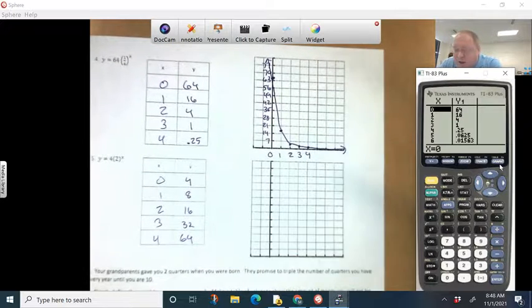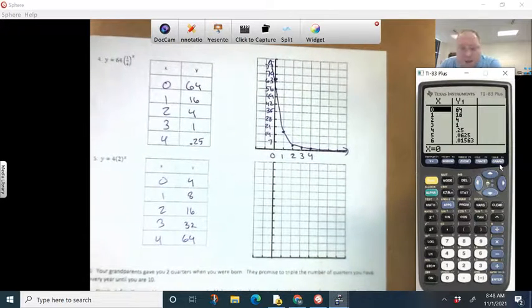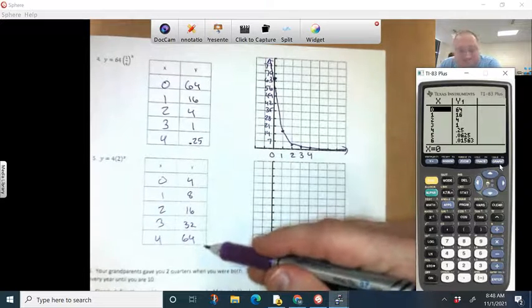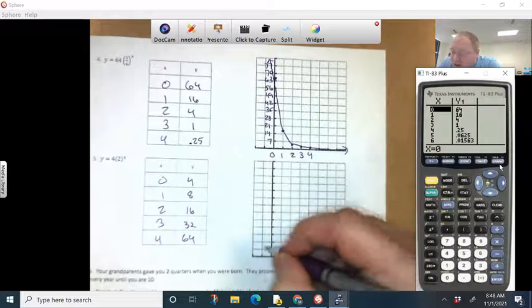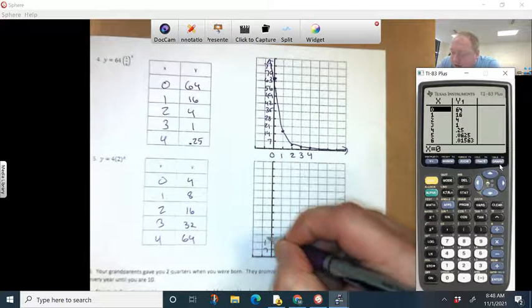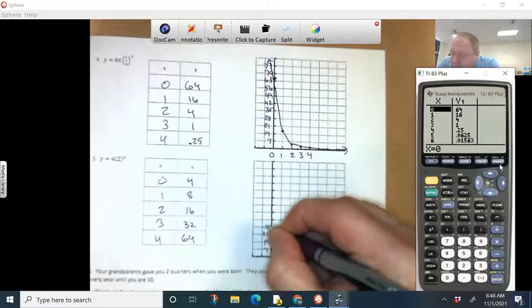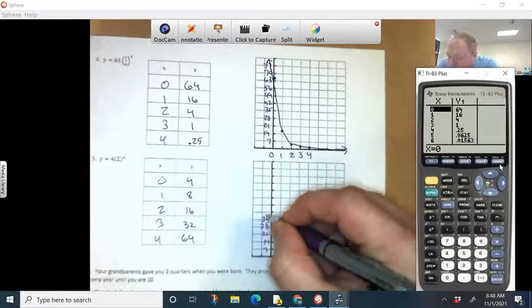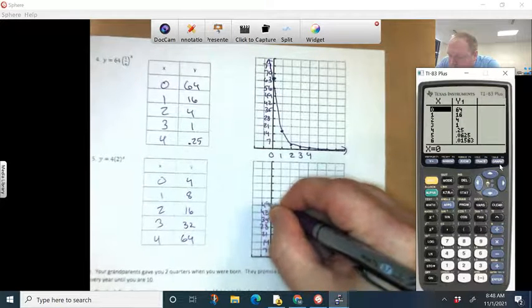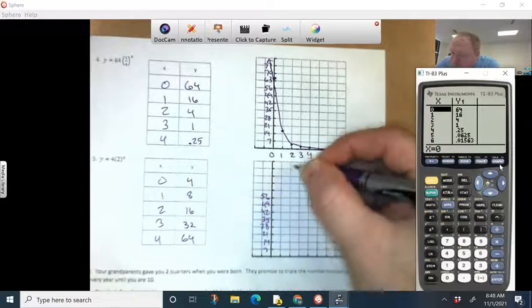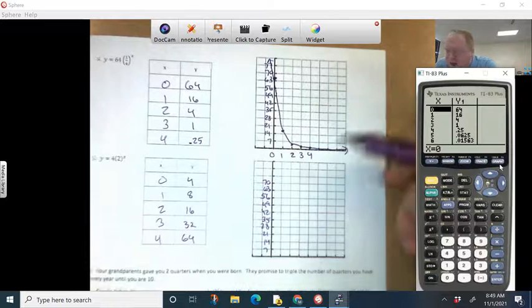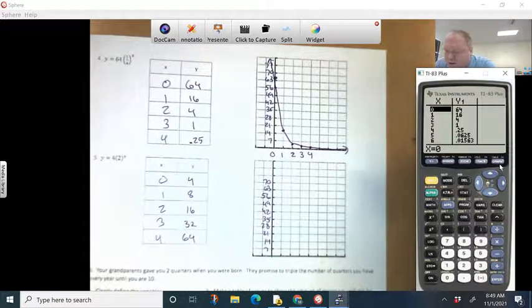Now, since 64 is the largest term, I'm going to, again, round that up to 70, divide by 7, and I'm going to use the same scale. And again, I'm not going to go any further than that because I don't need to.